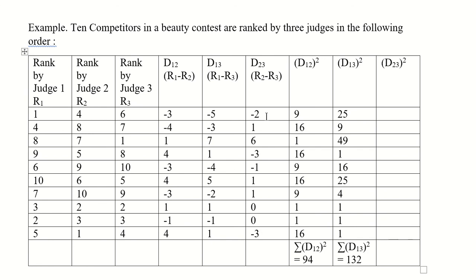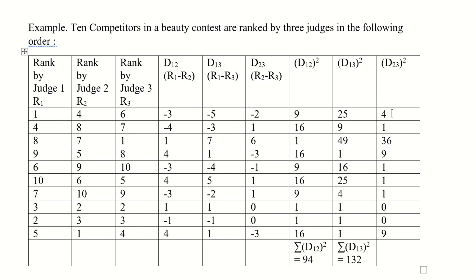Now we will find its square. So minus 2 into minus 2 is 4. 2 2s are 4. 1. 6 6s are 36. 3 3s are 9. 1 1s are 1. 1 1s are 1, then 0, 0, and then we have 3 3s are 9.